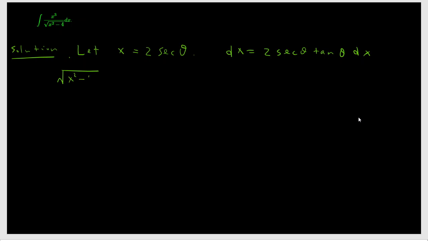So you have x squared minus 4. Wherever you see x, you replace x with 2 secant of theta. So you have the square root of 4 secant of theta, the whole thing squared, minus 4. You'll see how the trig identity will work. You take out a common factor of 4 from these two terms, and leave the 4 outside of the radical notation.